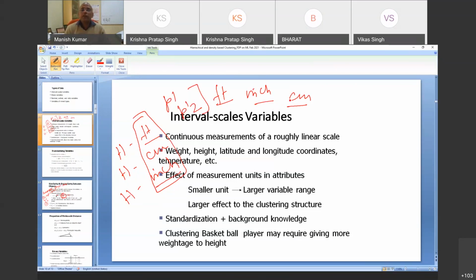So to visualize the data in terms of distance between two objects, the unit used plays a very important role. Be careful whenever you use such data.